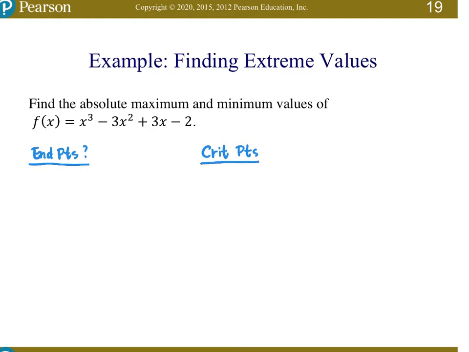Now, let's think about the domain. Does this problem have a denominator? Does it have an even root? By even roots, I mean like square roots, 4th roots, 6th roots, etc. Or does it have a logarithm? And the answer to this is no. And so the implied domain for this one is all real numbers.